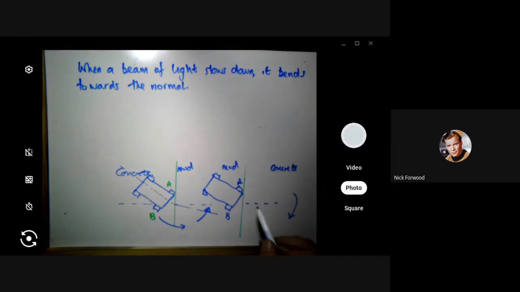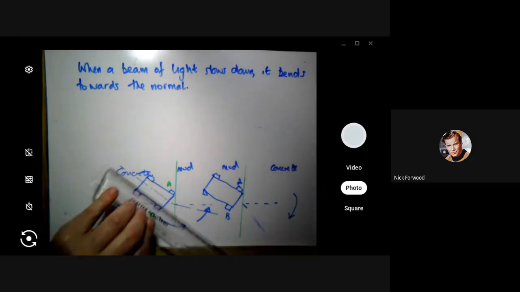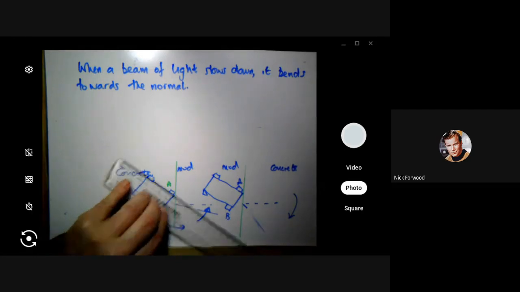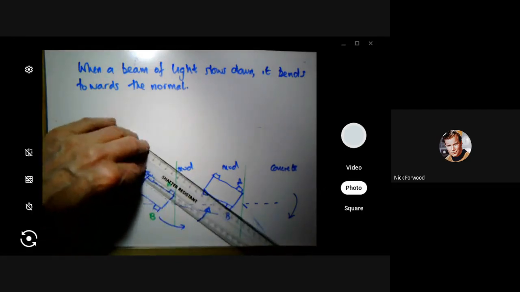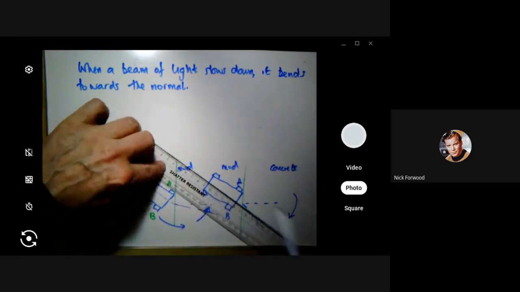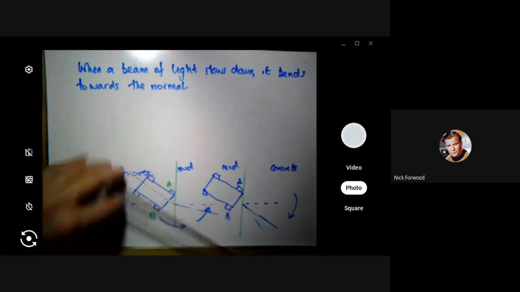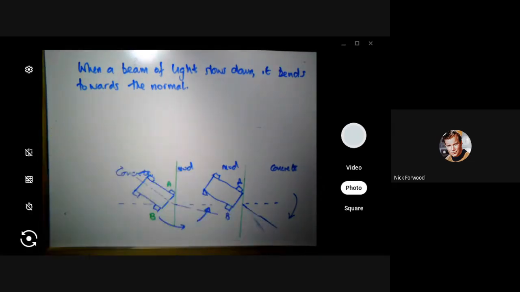The tractor is actually going to turn that way, and the beam of light is going to go back down this way. And I've not drawn that very well. In fact, it's rubbish. But the beam of light will actually go back and will be about parallel, and it will come out down there parallel to where it was in the first place.